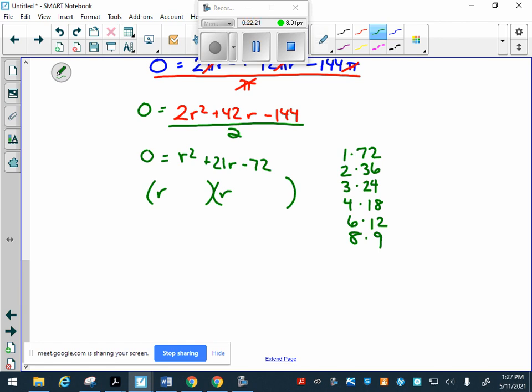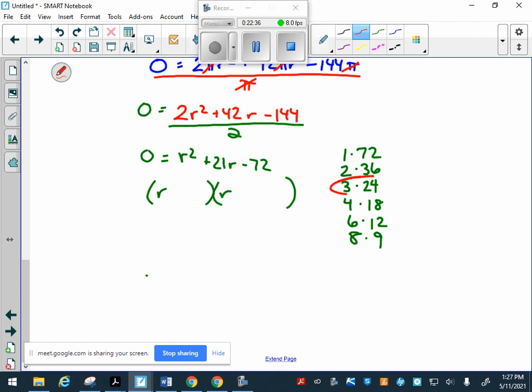Anything here that could add to be 21? Add or subtract, combine, be 21. Yeah, Campbell. 24 minus 3. Yeah, 24 and 3. Right?